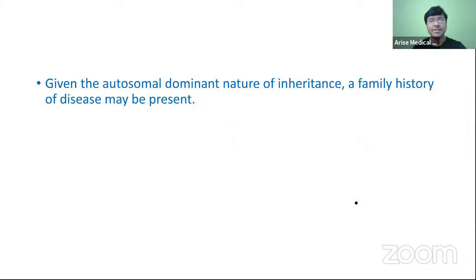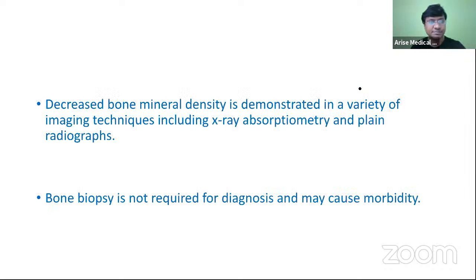Now, how do you diagnose? Number one, the autosomal dominant nature of inheritance, where the individual will have a family history of the disease. On DEXA scan, on bone densitometry, you will notice decreased bone mineral density.